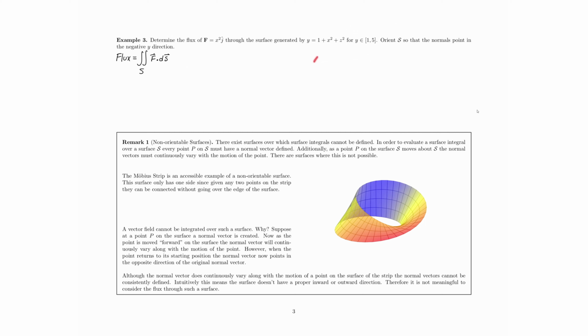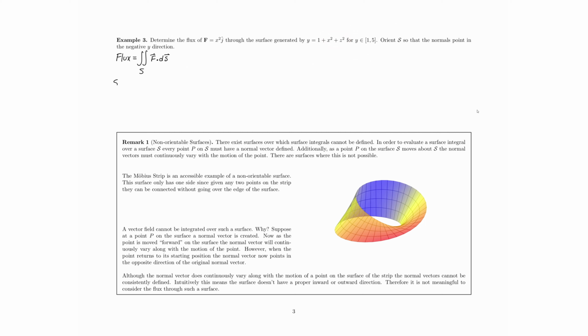But really, what screams use polar coordinates is the fact that we have a variable squared plus another variable squared. That, to me, is the hallmark of when to use some sort of sine cosine type of parameterization. So I'm going to go ahead and run with that.